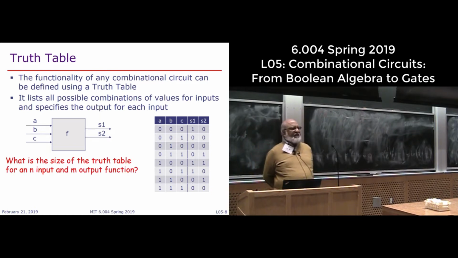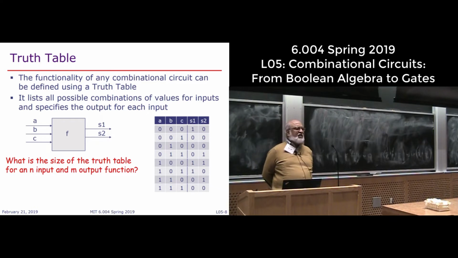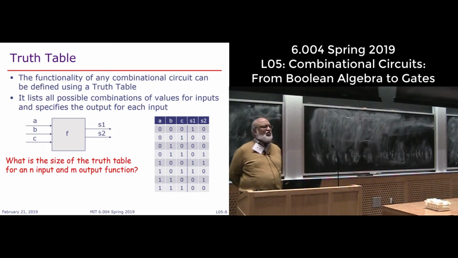Okay, so first question, what is the size of this truth table? Suppose you have n inputs. How many rows is this truth table going to have? 2 to the n, right? It's exponential in the number of bits.